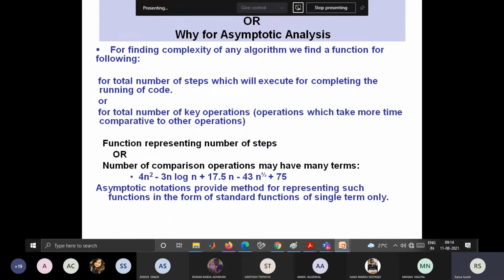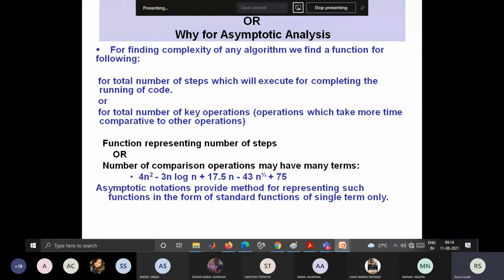A function means like in mathematics you have expressions like x plus y. Here, in terms of n, you will have a particular function, and that function will be for the purpose of finding the total number of operations or number of steps in the form of variable n.